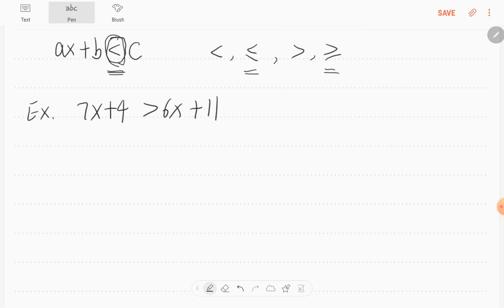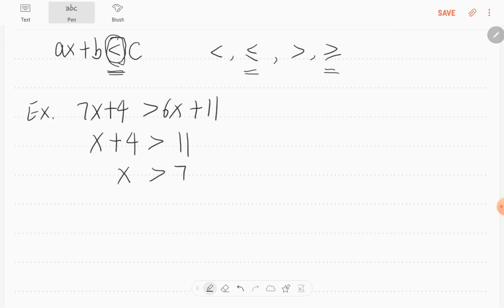The same thing, we want to isolate the x terms. So we subtract 6x on both sides. So you will have 7x minus 6x would be 1x plus 4 greater than 11. Then we subtract 4 on both sides, so x is greater than 7.